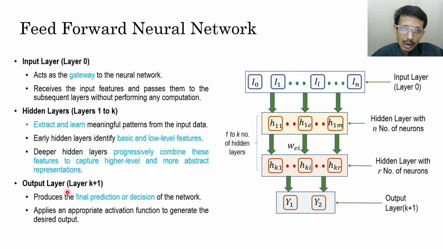And finally, the output layer produces the final prediction and decision of the network. So these are the features, and then we take the decision. We apply an appropriate activation function, which we have seen before, such as softmax, to generate the desired output. So this is the basic setup of a feed-forward neural network.